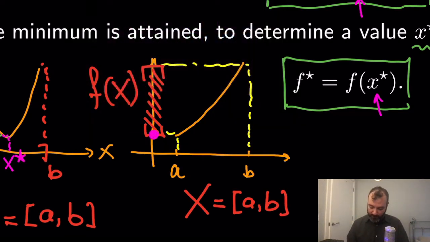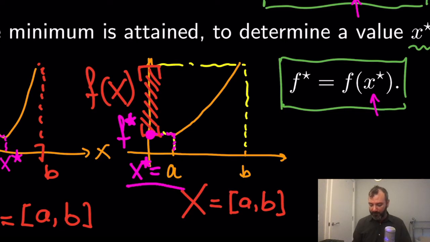So this point down here is my f star. This is the lowest cost, which in this sketch corresponds to A. So x star is equal to A. A is the best point. If you want to have the cost corresponding to its infimum, then you have to pick this point x star.